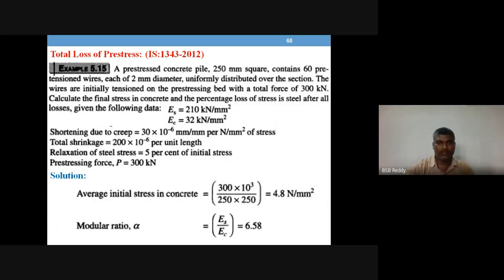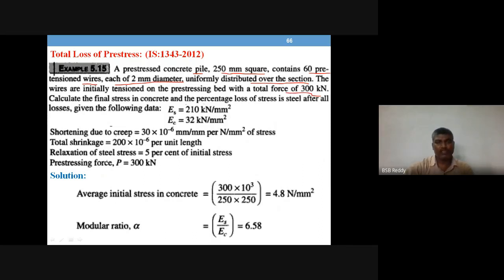Same pre-stressed concrete pile, 250 square, contains 60 pre-tensioned wires, each of 2 mm diameter, uniformly distributed over the section. The wires are initially tensioned on a pre-stressing bed with a total force of 300 kilonewton.